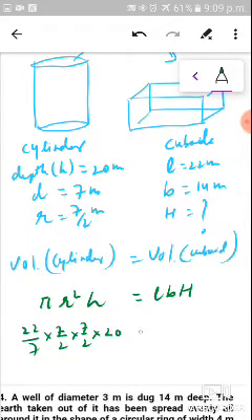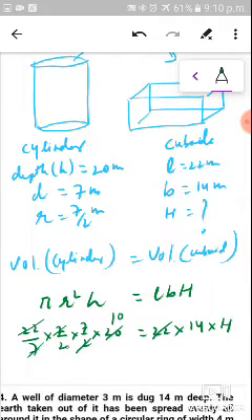Okay, that is equal to length of the cuboid, that is 22, breadth of the cuboid is 14, and height we are finding here. Okay, right? So this 22 we can cancel by 22. This 7 we can cancel by this 7. And this 20 we can cancel by 2, right?